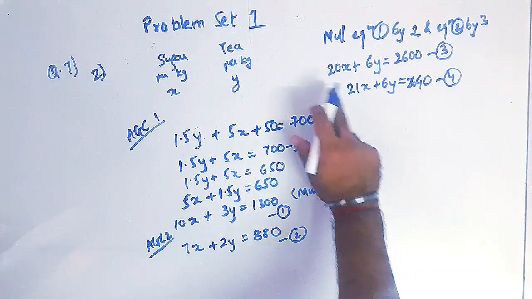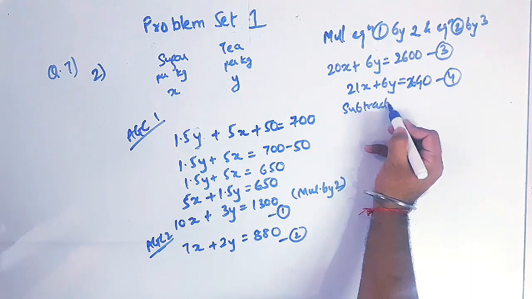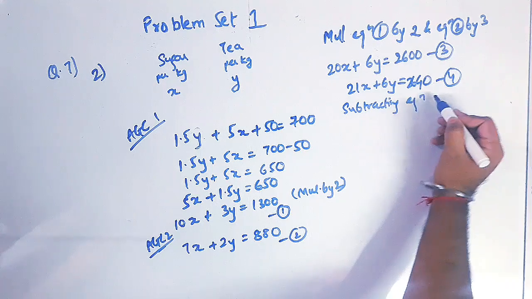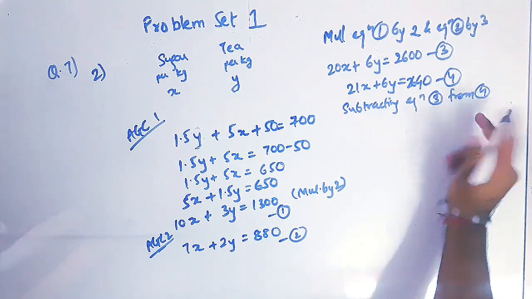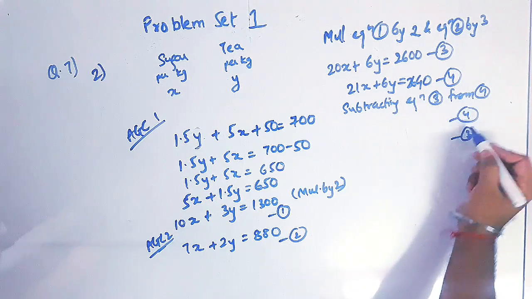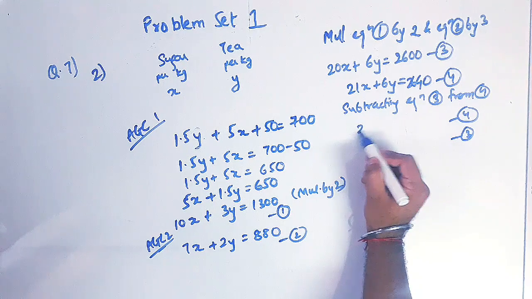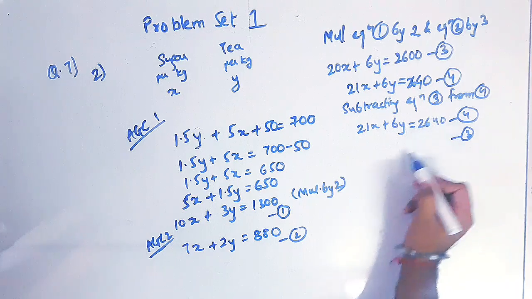Now you can see if I subtract them, I'll get, subtracting equation 3 from 4. You can do 4 from 3 also. The fourth one is 21x plus 6y equals 2640.